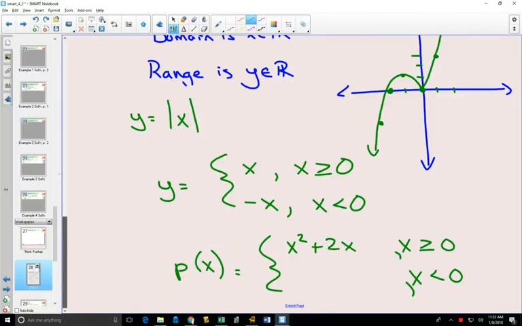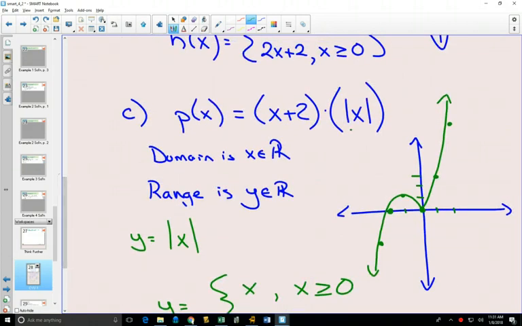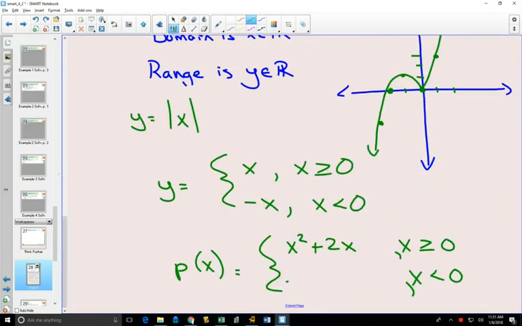And when x is less than 0, what does my absolute value act like? Acts like a -x. So if I would distribute that, and I have two parabolas.